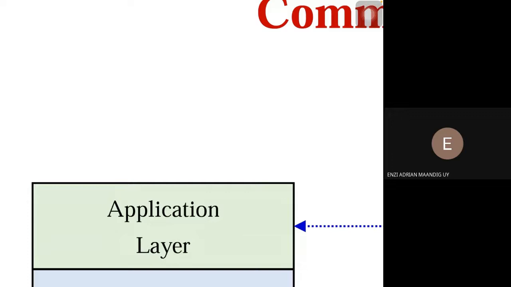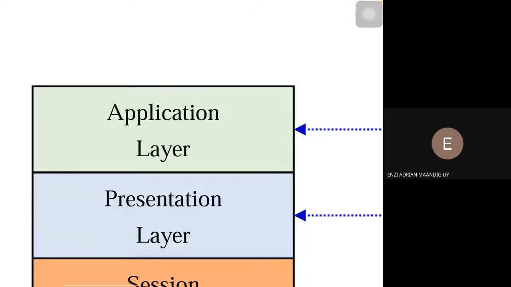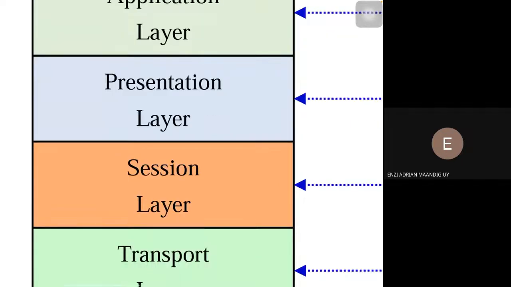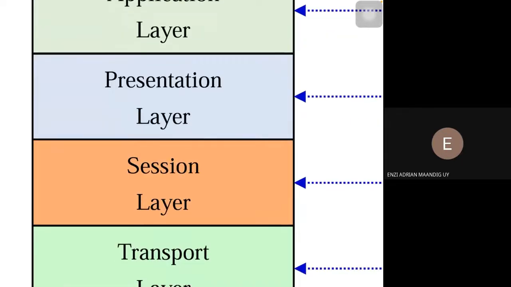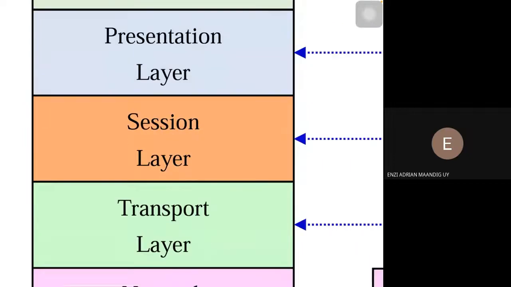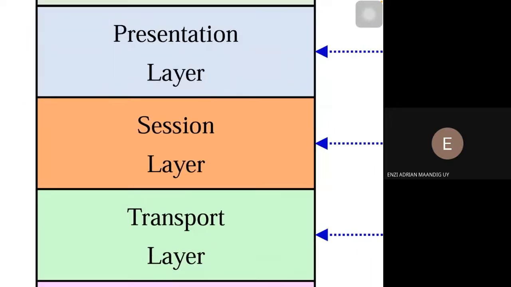And although it's still very confusing, the process inside our computer or your cellphone, like for my computer, Windows, or on your devices, either iOS or Android, they take care of the layers: presentation, session, and transport.